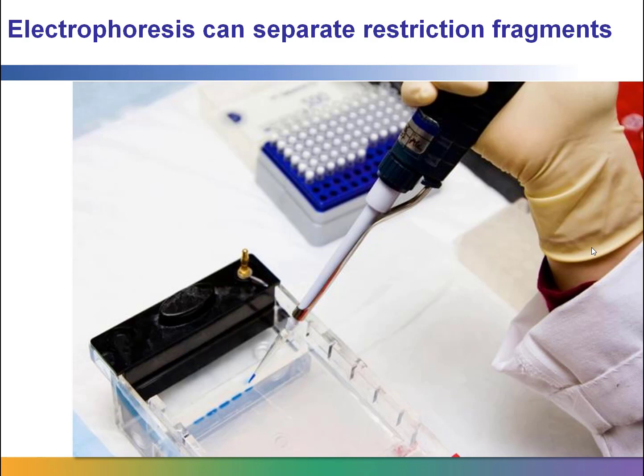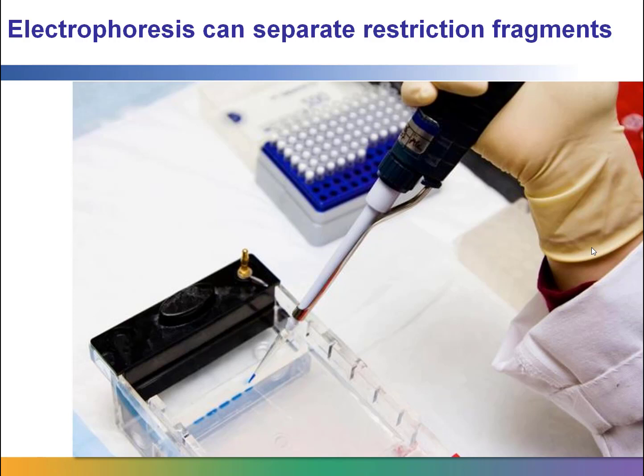So we know that the gel box, the chamber, has a positive side and a negative side. We know that we run electricity through it. We're going to push the DNA from one side to the other using that electrical charge. And then we're hanging on to this idea that the smaller molecules are going to move further away from your starting point. So the researcher is going to add the restriction digest mixture to a well in the gel, just like you guys did.